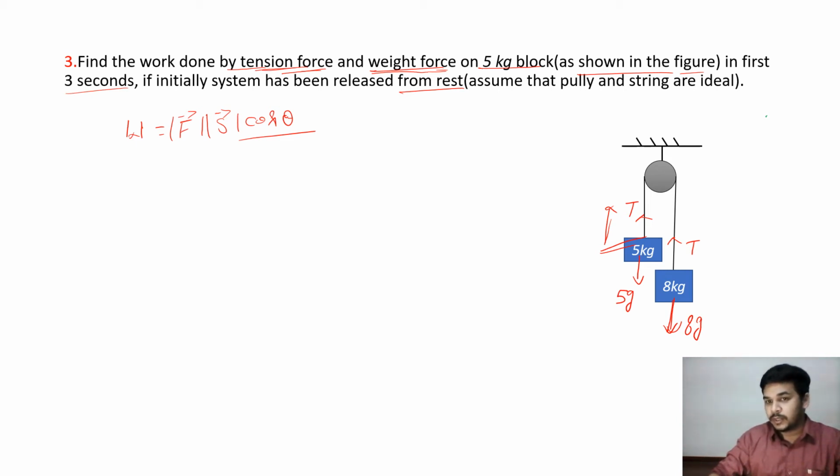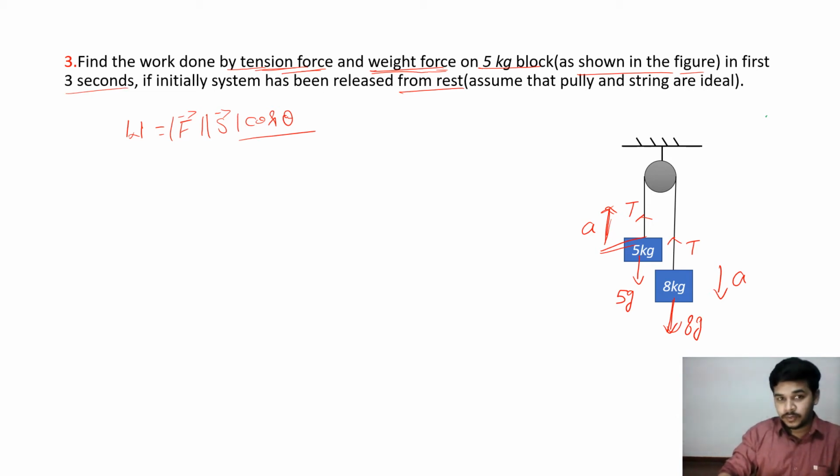You can see from the figure that the 8 kg block is heavier than the 5 kg block, so it will start moving downward with acceleration a. Both blocks are connected through the same string, so the 8 kg block goes down with the same magnitude of acceleration, and the 5 kg block goes upward with acceleration a.